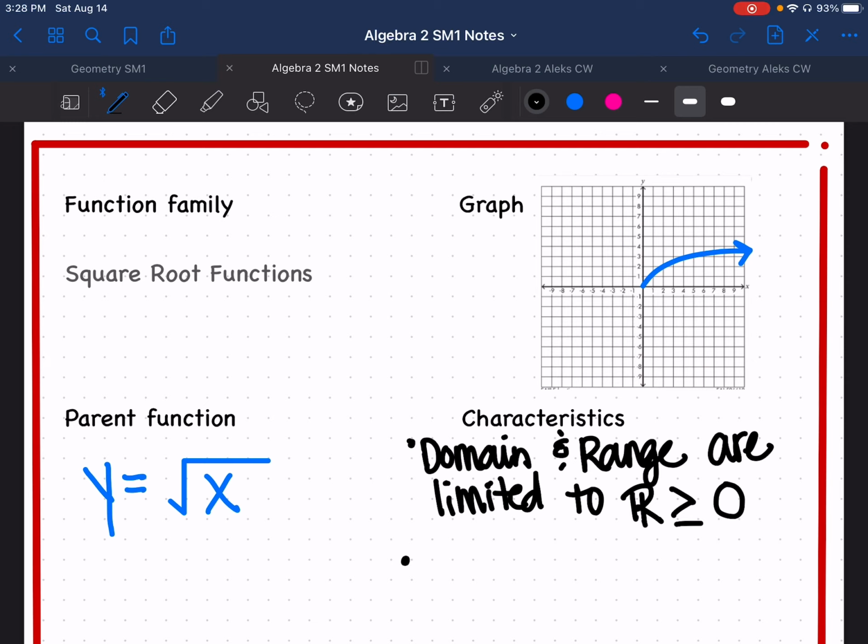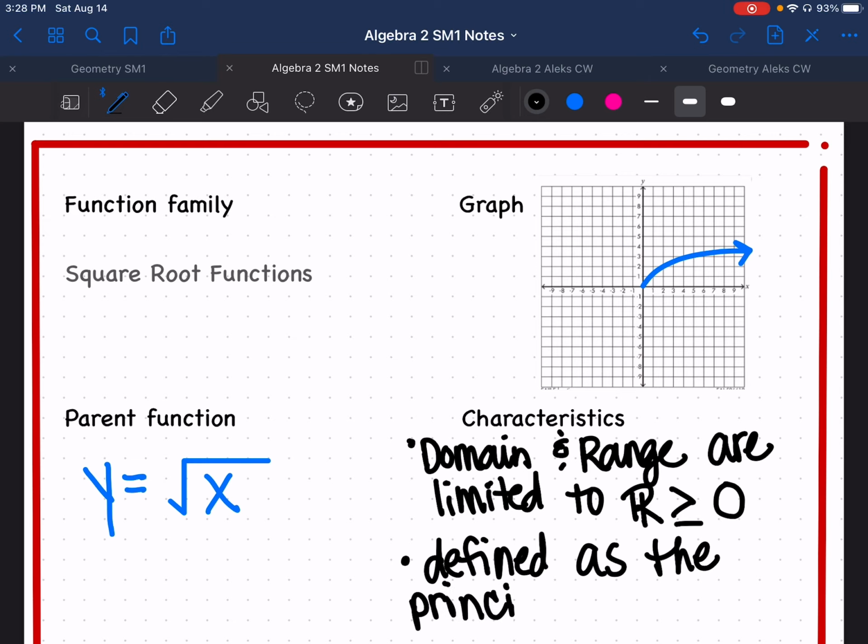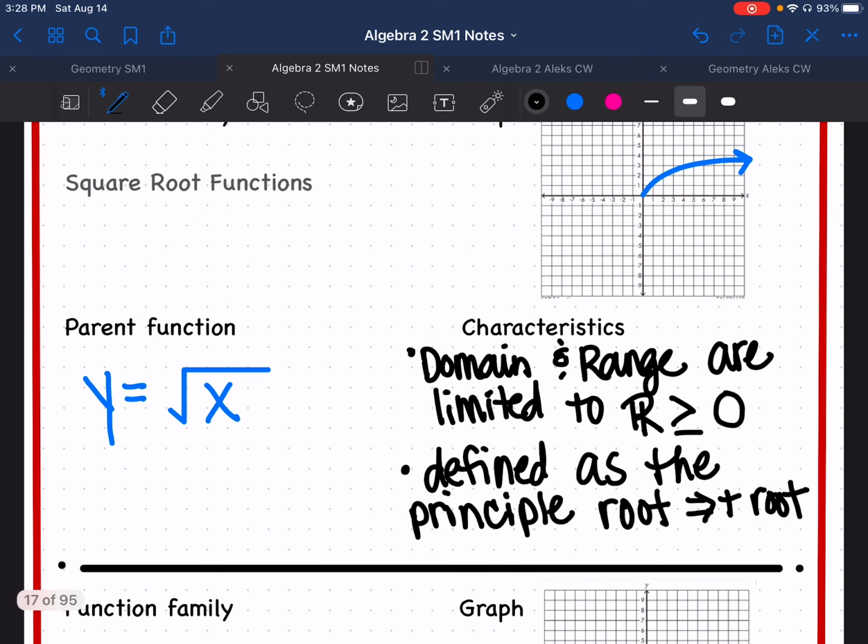It is defined as the principal, the main principal root, and we always have positive roots. We can never put a negative number underneath that square root.